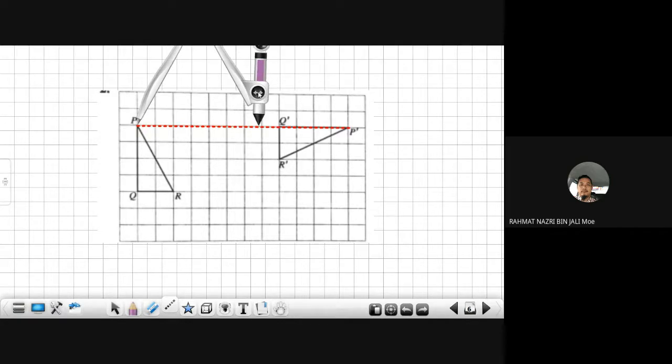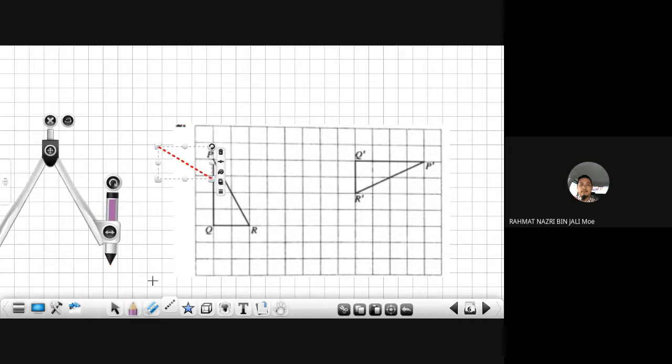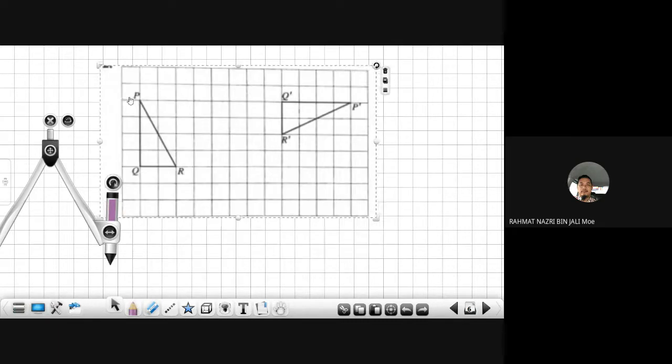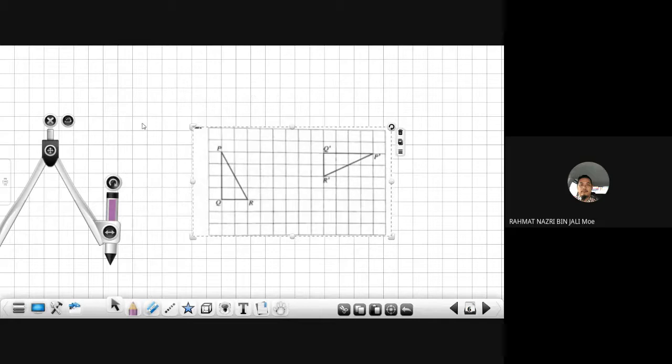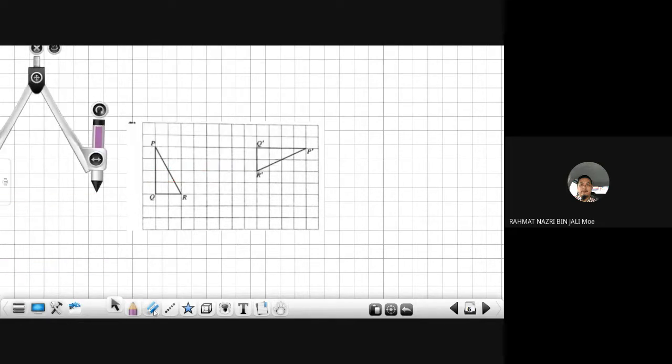Okay, and then masih tak dapat lagi, kena kecilkan lagi. Saya kecilkan lagi. Okay, so draw the line.